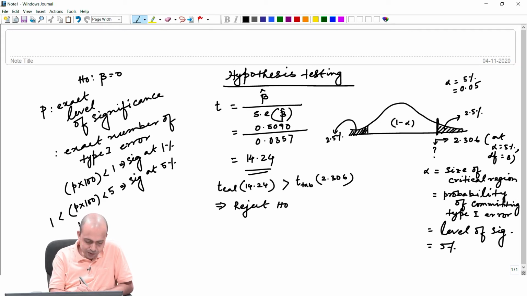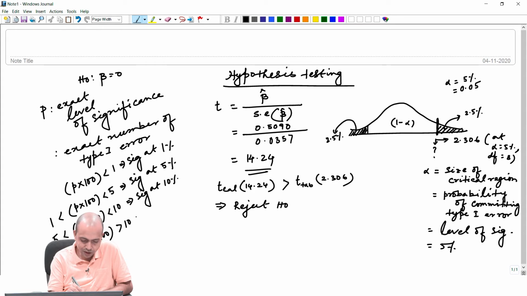And if the p value after multiplication is greater than 5 but less than 10, then we will say that the variable is significant at 10%. And if after multiplication it is greater than 10, then we will say that the variable is actually insignificant.